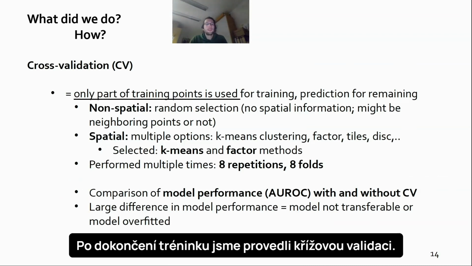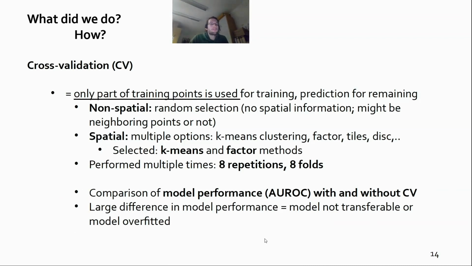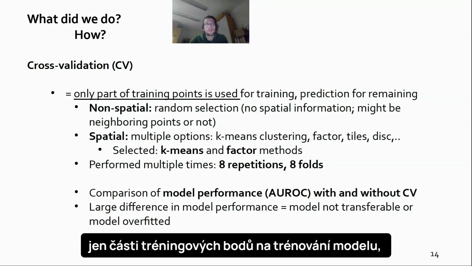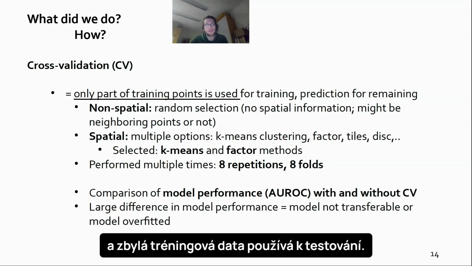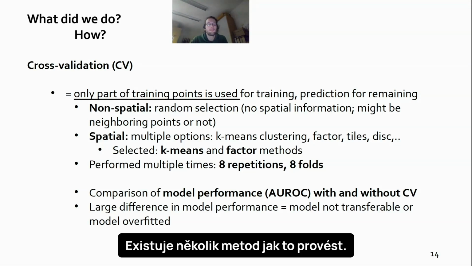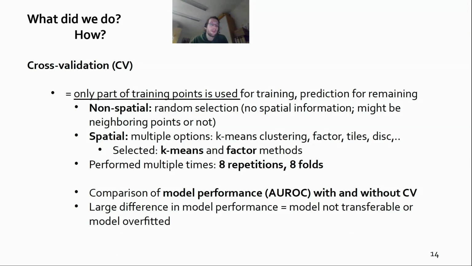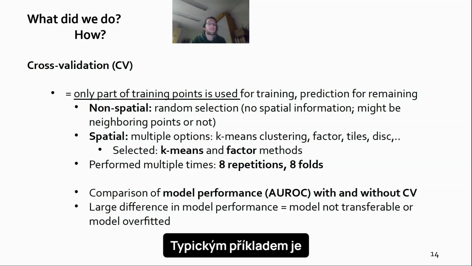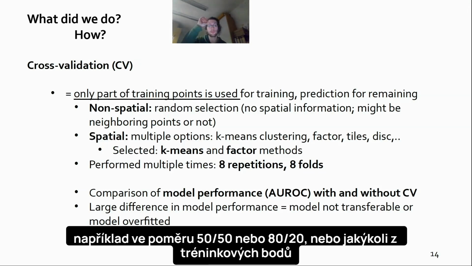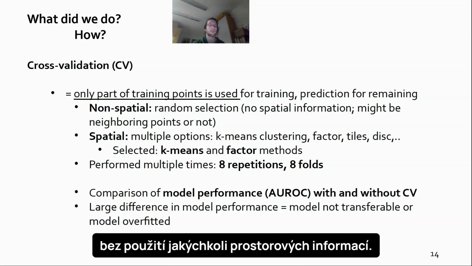After the training, we did cross-validation. The general principle of cross-validation is to use only a part of the training points for training and use the rest of it for testing. There are many methods how to do this. The typical method is a non-spatial method, just doing a random split, for example 50-50 or 80-20 or whatever of the training points without using any spatial information.